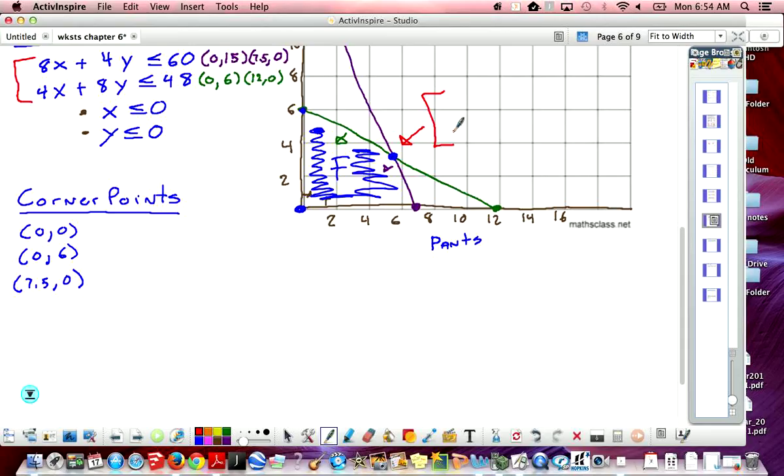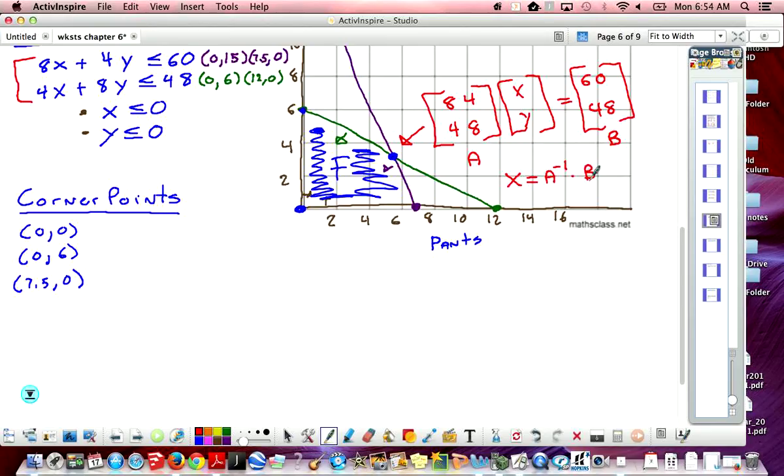So if I use matrices, I can go 8, 4, 4, 8, xy equals 60, 48. So I'm going to enter this as my A matrix, enter this in as my B matrix, then I'll go x equals A inverse B, and I'll get what x equals.